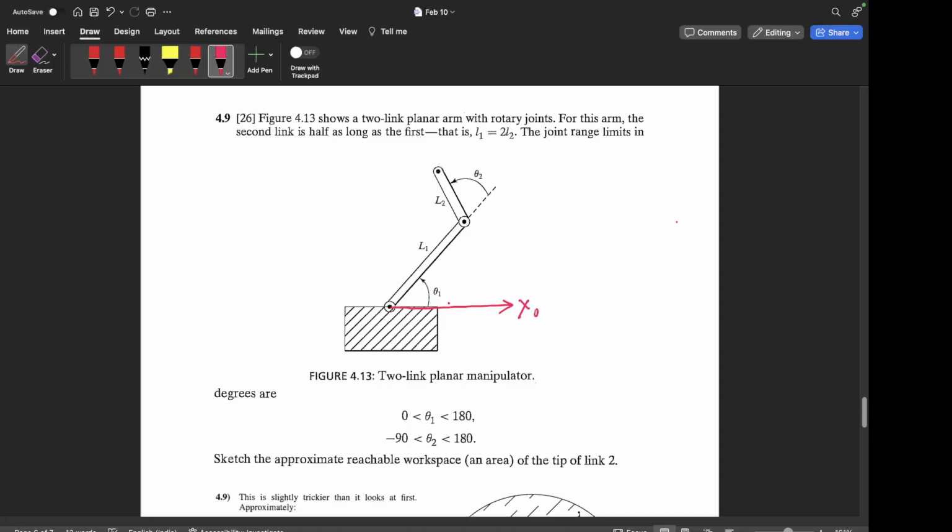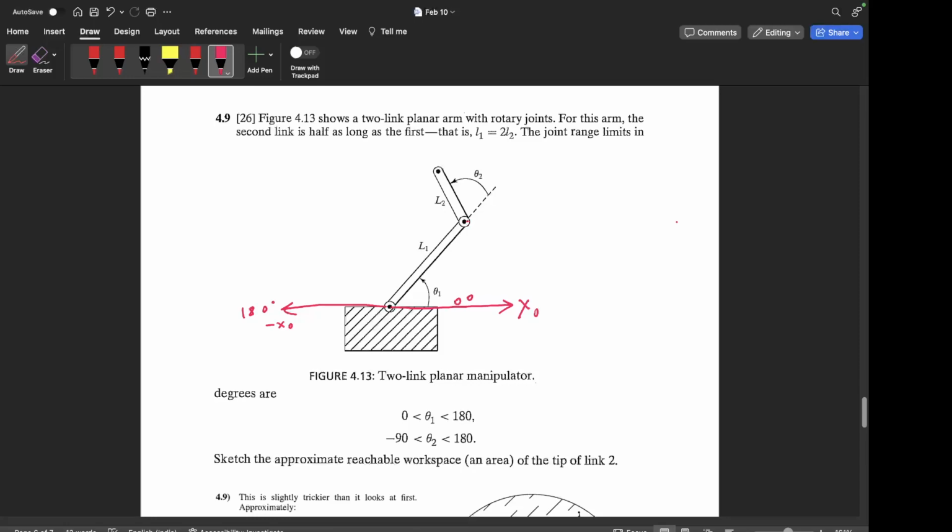Theta 1 can go from 0 degrees, which is here, to 180 degrees, which is here, right? So it can go from directly along plus x0 to directly along minus x0, this first link.